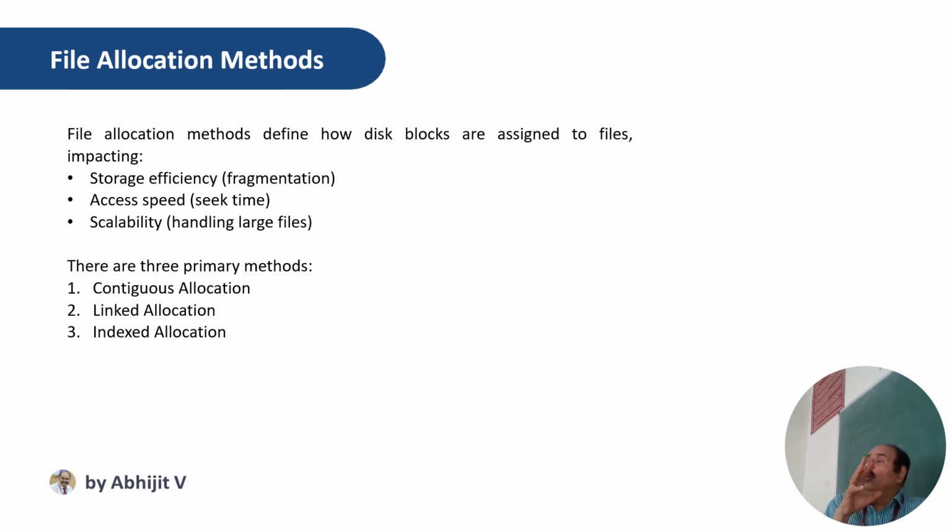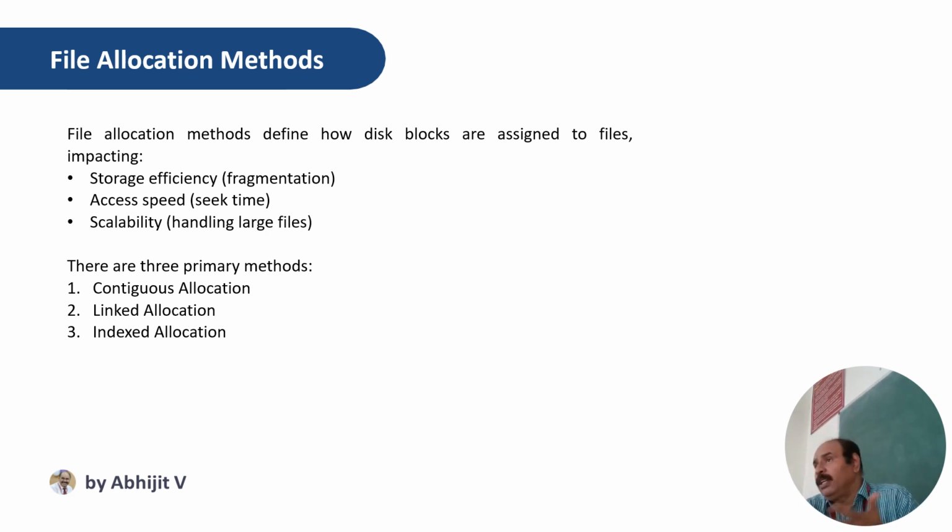What are the things that are going to be affected by file allocation methods? The first one is storage efficiency, the second one is access speed, and the third one is scalability. Storage efficiency means fragmentation, how much you are able to effectively store.